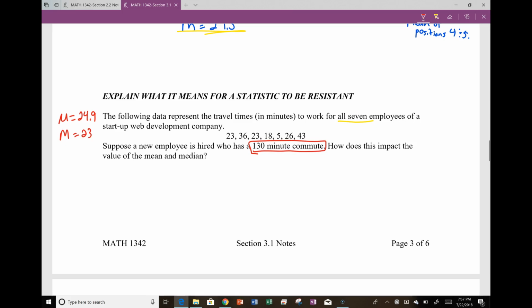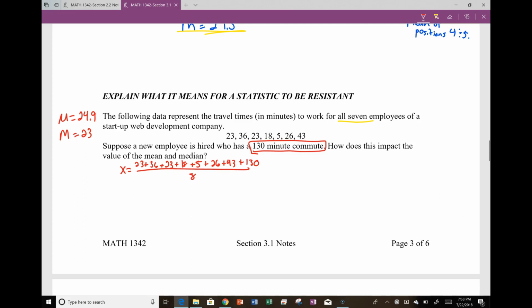So these 7 employees. Let's take a look at what happens whenever we find the mean with the new employee. The mean with the new employee would be to take 23, 36, 23, 18, 5, 26, 43, plus 130.